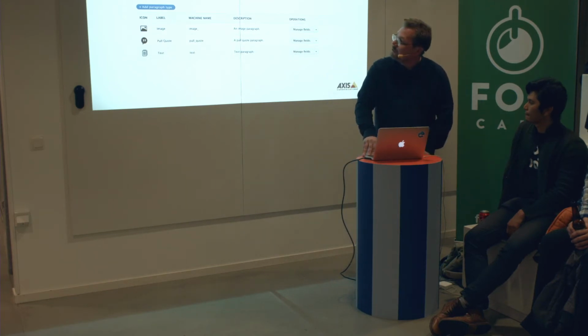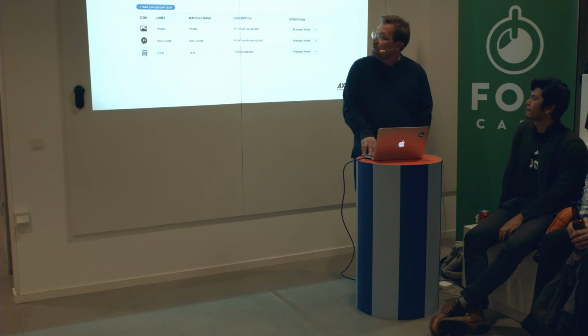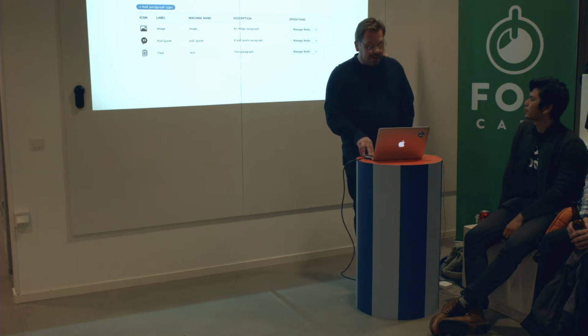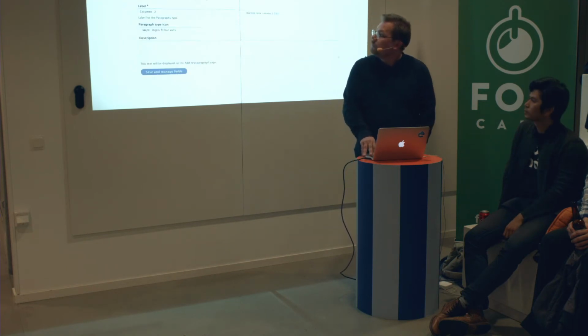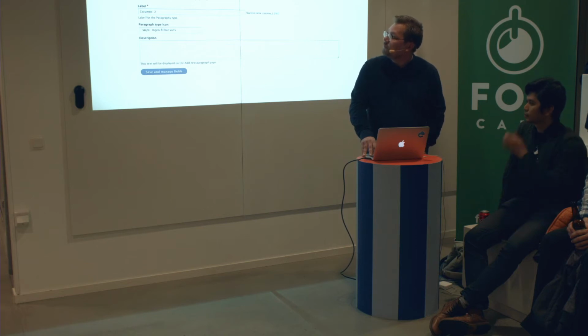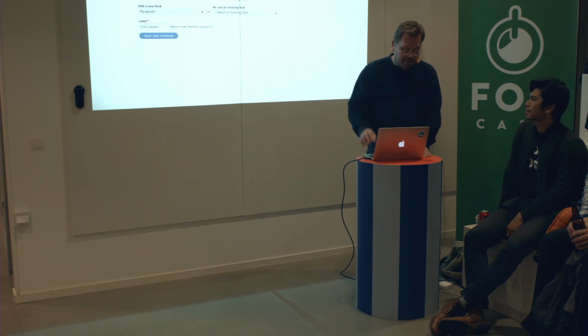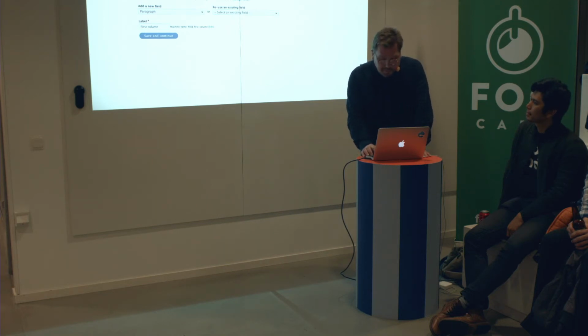So now we have the three content type paragraphs in place, and we need to have a layout type paragraph, which is simply the same process, with the difference that you would actually add a paragraph field instead of a regular field. And in this case, we'd name it first column, second column, etc.